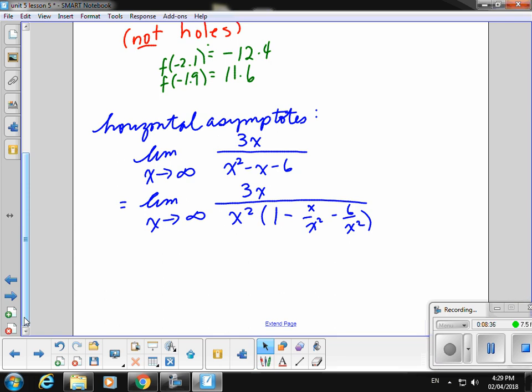So I have 1 over x. An x will divide out, and I'm left with 3 over x, and 1 subtract some zeros because they will become negligible as x gets very, very large. As x gets very, very large, 3 divided by very, very large also gets really close to 0.